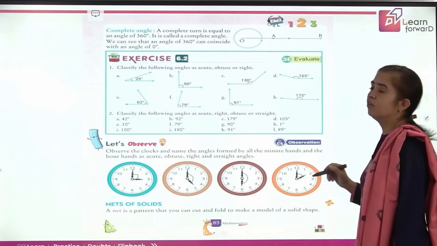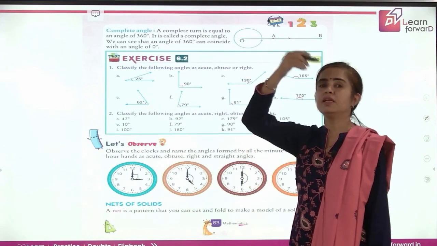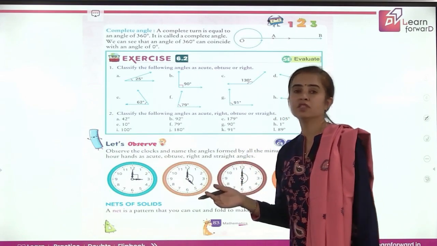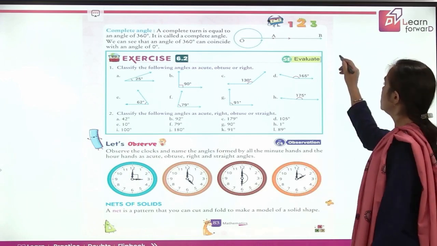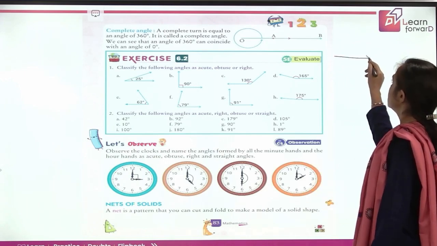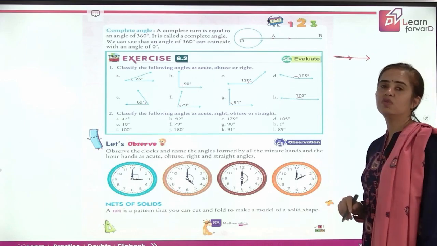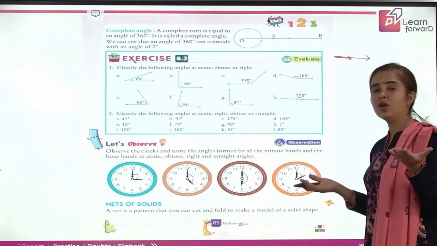Moving ahead, we have complete angle, which is just completing the entire circle. Now you'll wonder what is the difference between zero angle and complete angle. This is my zero angle where both the rays are overlapping. And I am not marking anything. Why am I not marking the angle?